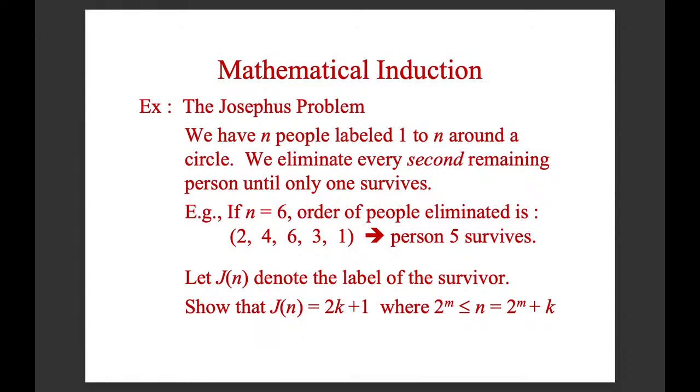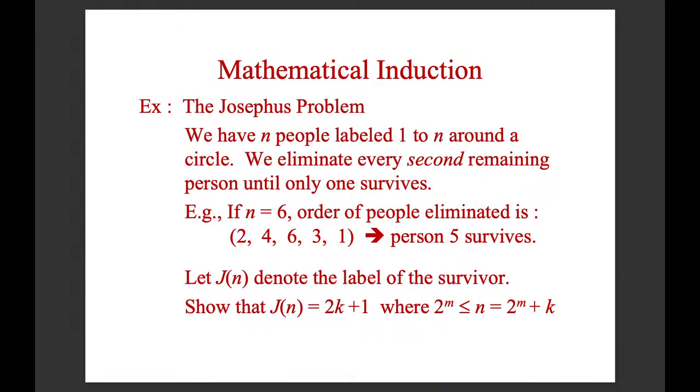And we want to have a quick method to calculate the surviving number. If we start with any general n, we use Jn to denote the label of the survivor. So what will be the value of Jn? By doing some observation, you can try out all the cases from n equal to 1, 2, 3 up to, let's say, 20.